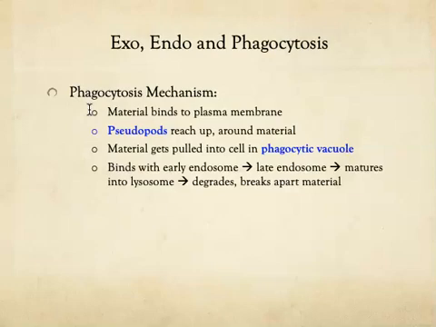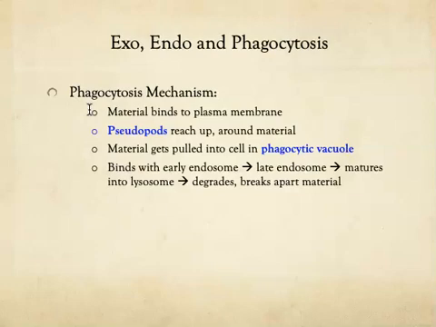The material will then be pulled into the cell, creating what we often refer to as a phagocytic vacuole, or what's also called a phagosome. Once the phagosome gets into the cell, in other words, this unique transport vesicle gets into the cell, it's going to have the same thing happen to it that all newly formed transport vesicles encounter.